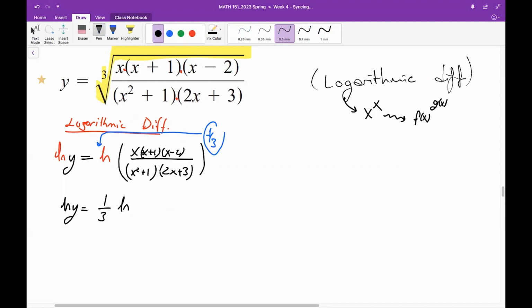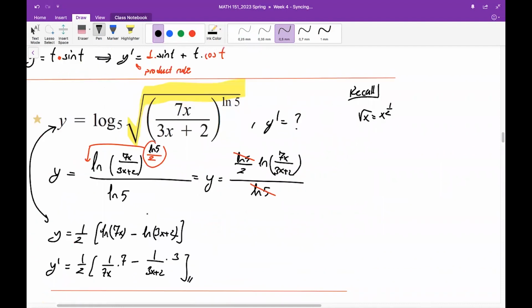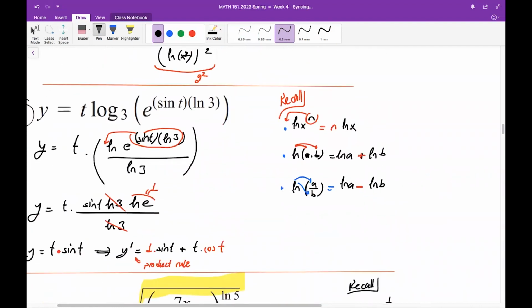ln, and this part, okay, let me write it quickly and we will use another property of ln then. x plus 1, x minus 2 over x squared plus 1, 2x plus 3. What do you remember about writing ln of a ratio? Let me recall for you. Yes, subtraction.